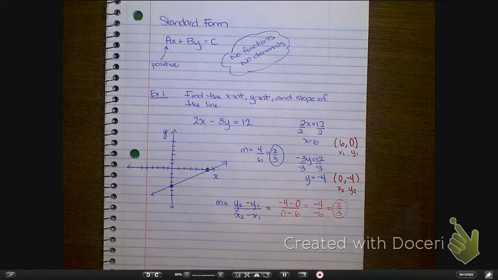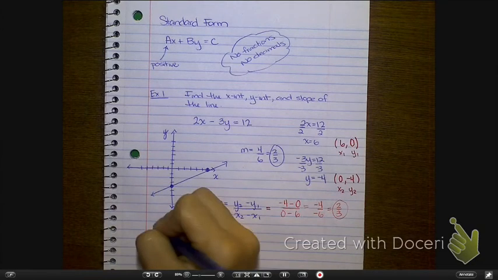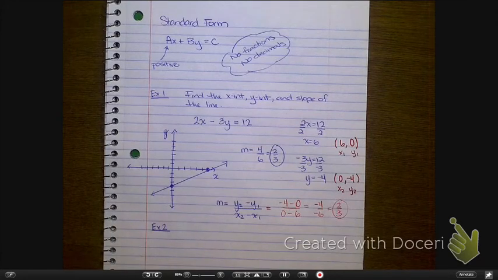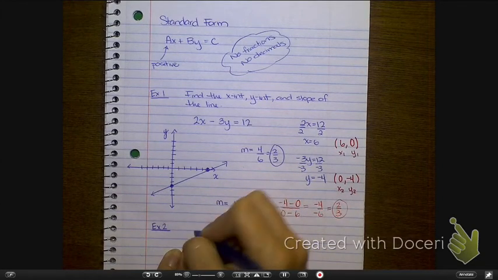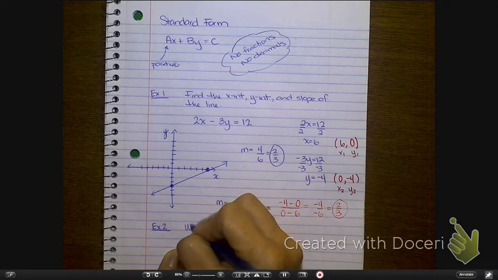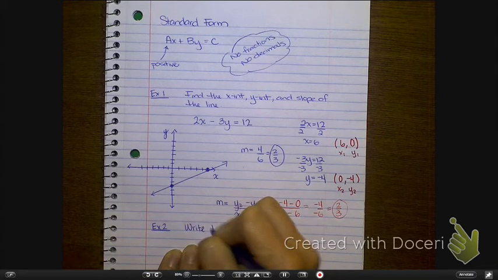All right. Okay. The second skill we're going to go over is writing equations that are not in standard form, okay? So, let's say, for example, we want to take this equation and we want to write the equation in standard form.